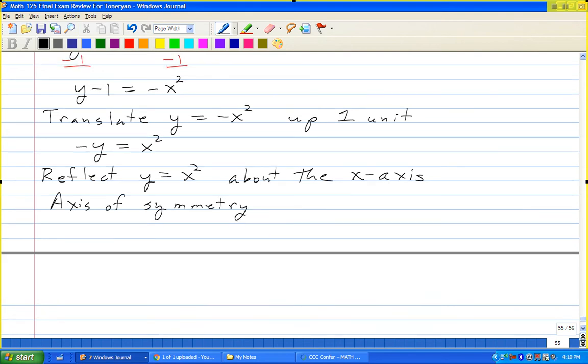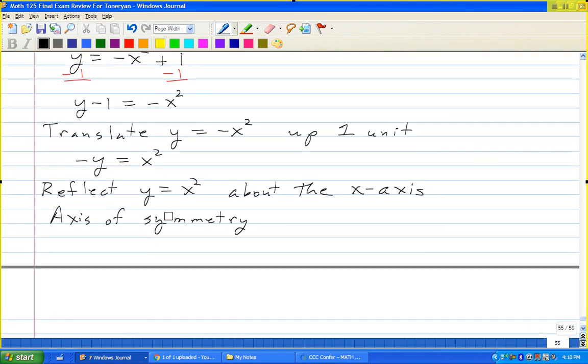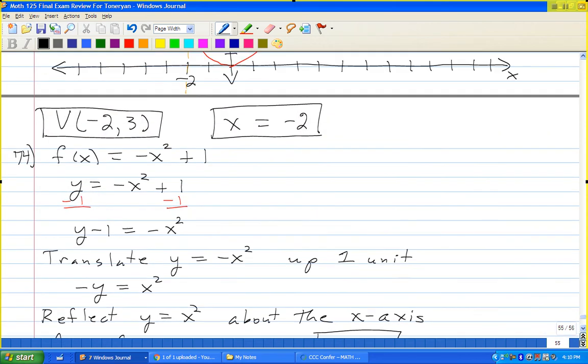So in this case, the axis of symmetry is found by just letting x equals 0. And the vertex will occur when x is 0. But when x is 0, y is just equal to 1.